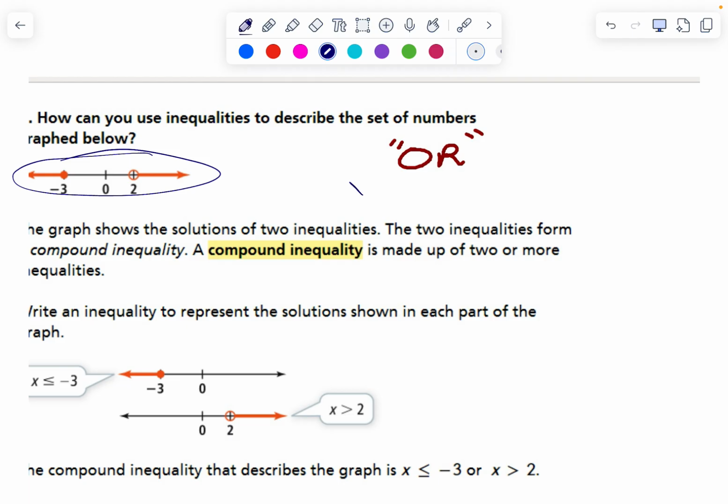We could write it out in English: either x is less than or equal to -3, or x is greater than 2. So in English, that's why we say it's the or case, because it's two separate pieces. It's not overlapping or joining together.